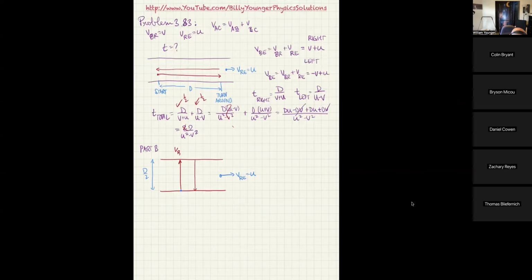Velocity of the boat with respect to the river is just plain v. But what we need based on that is we need the total velocity to be v, but we need this component of the velocity.